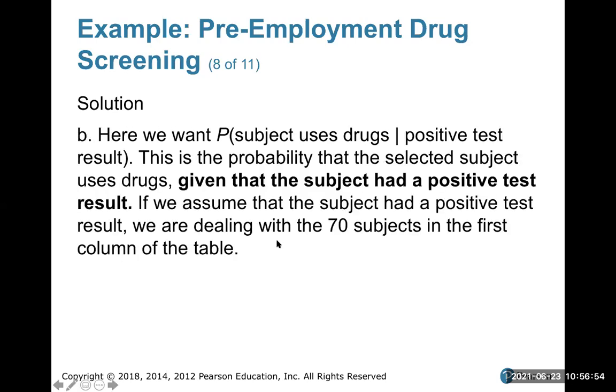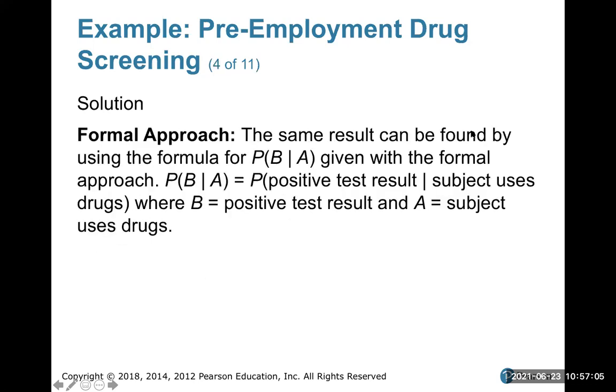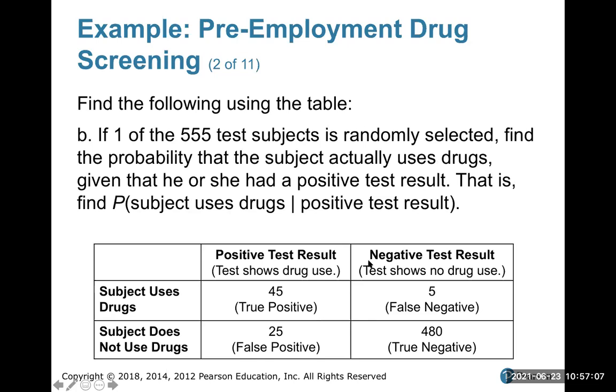So there is another one. It says we are dealing with 70 subjects in the first column of the table. Find the probability that the subject uses drugs given a positive test result. So in this case, the condition is a positive test result, so you go to this total. Whatever comes after given, you go to that first. So that's 70.